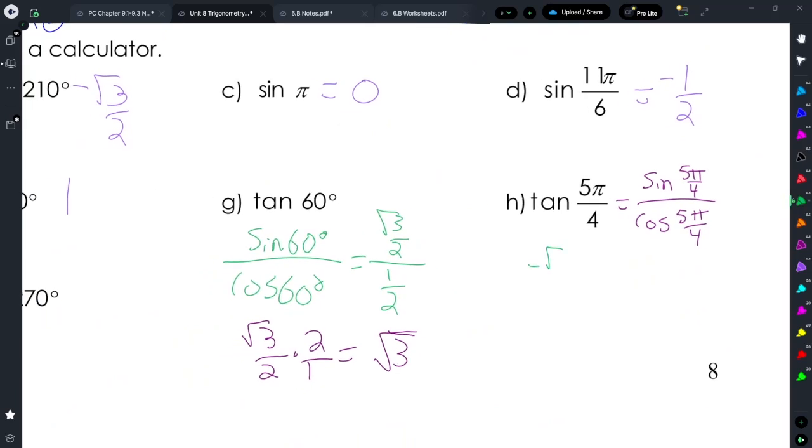So it's going to be negative square root of 2 over 2 over negative square root of 2 over 2, which is negative square root of 2 over 2 times the reciprocal, negative 2 over square root of 2. Everything will cancel out, and we just get 1. Okay. Negative times a negative is positive. So that's why it cancels out to positive 1. Even though the sine and cosine values were negative, the tangent was positive because negative divided by negative is positive.